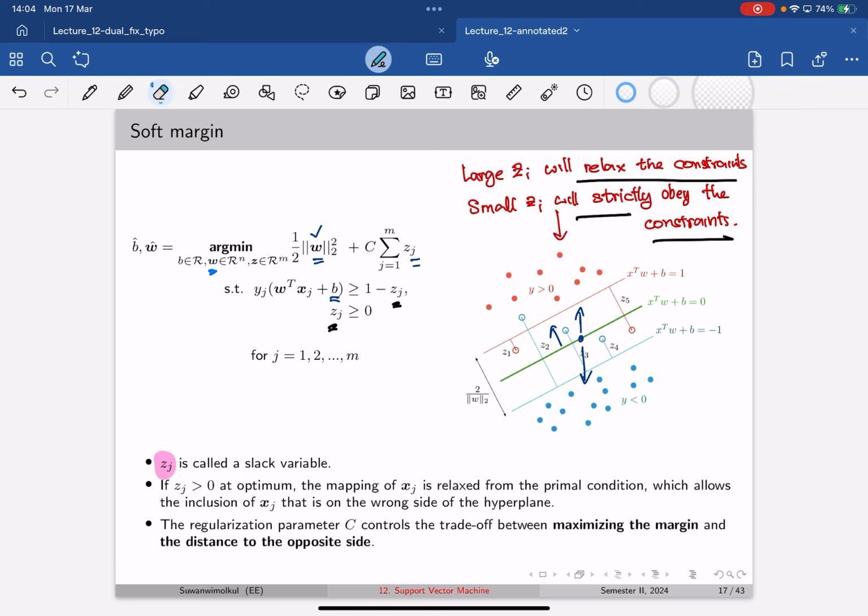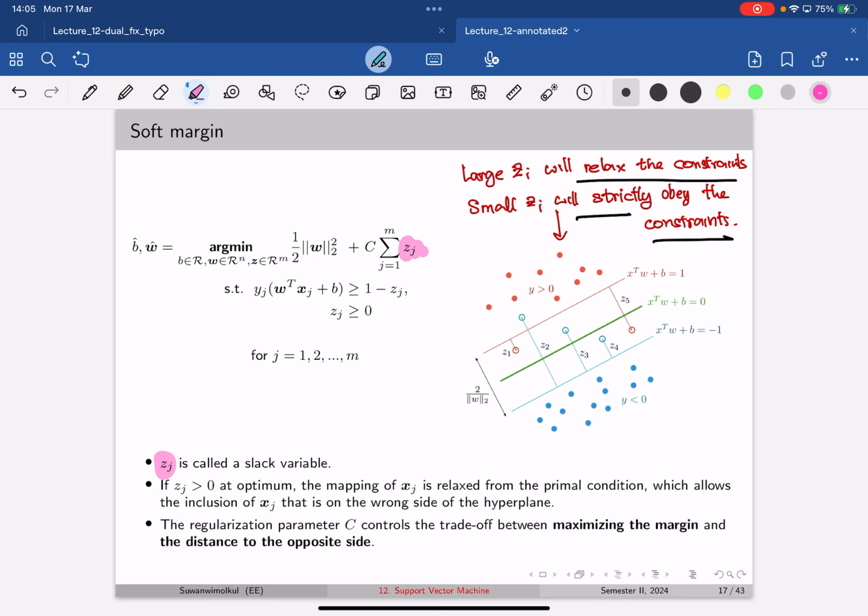But you also have additional variables, the slack variables. Slack ξ_j is how far you want the incorrect point to go over. For each point, the value can be different. That's why you subscript it as j. So that was the slack variables.